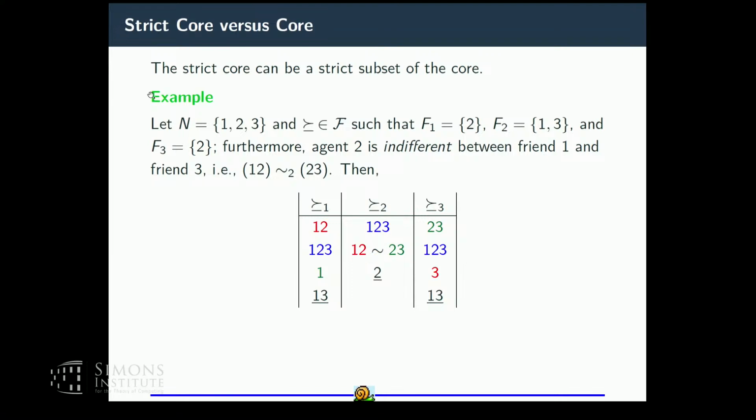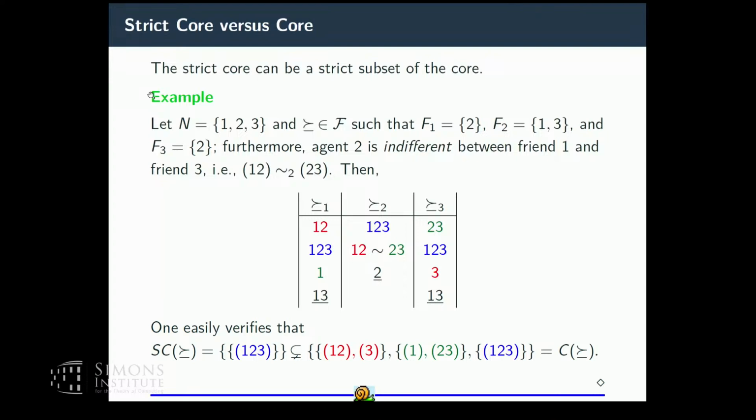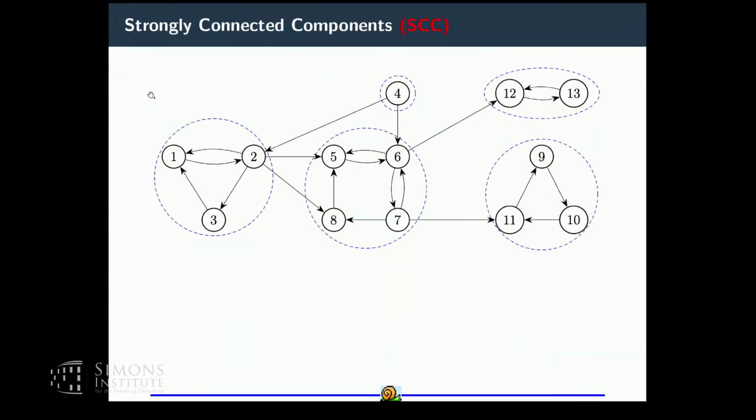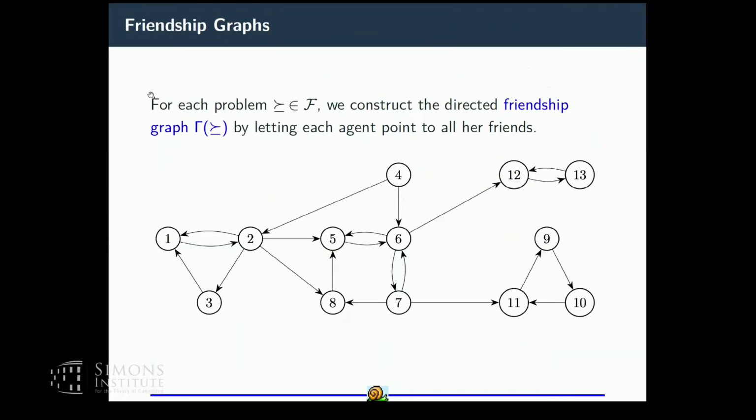So basically, between the green and the red partition, agent 2 can flip back and forth, and these are core allocations, but not strict core allocations. So the strict core is just the grand coalition, and the core contains these other 2 allocations, so we can have a strict subset. Sorry, this is too fast.